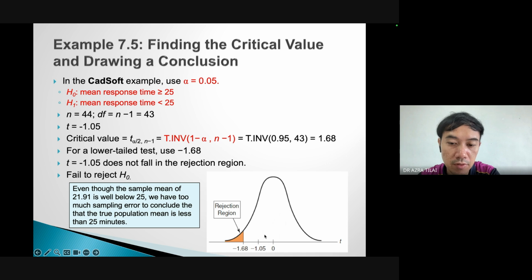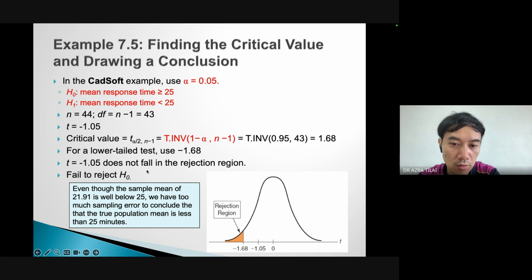That means when you do the calculation and the answer falls within this unshaded region, you fail to reject the H0. You fail to reject the H0.